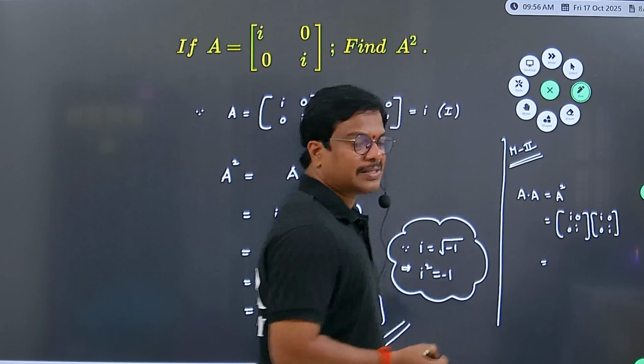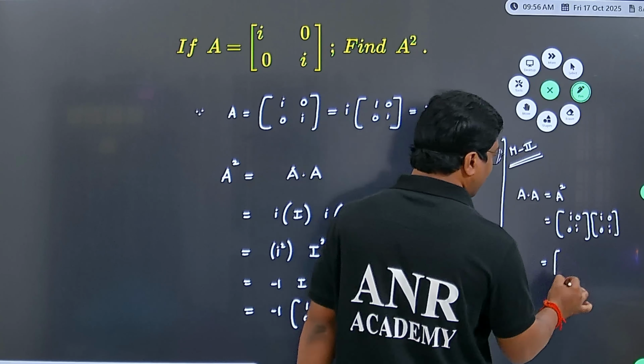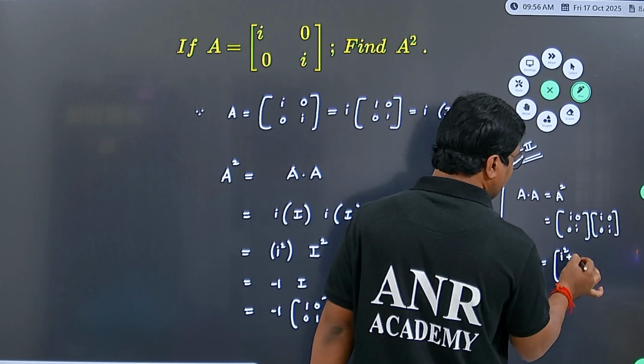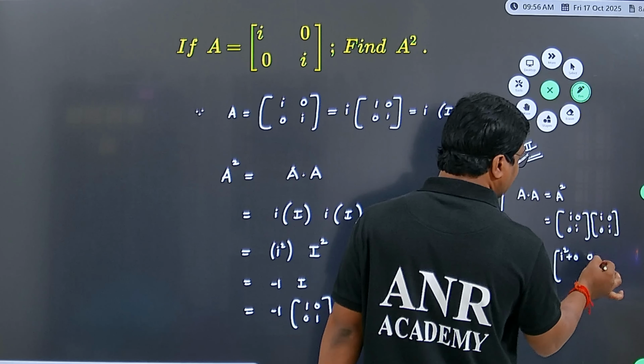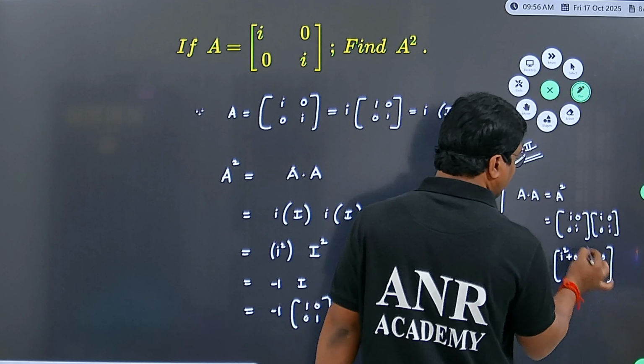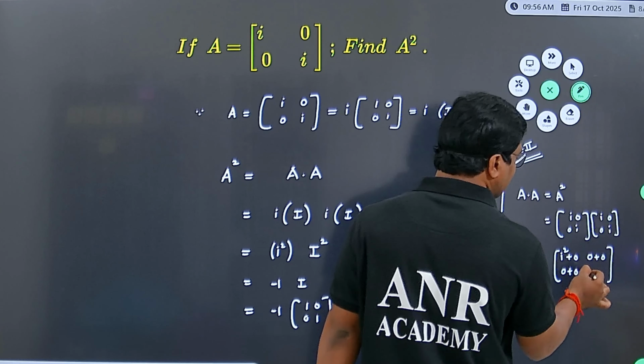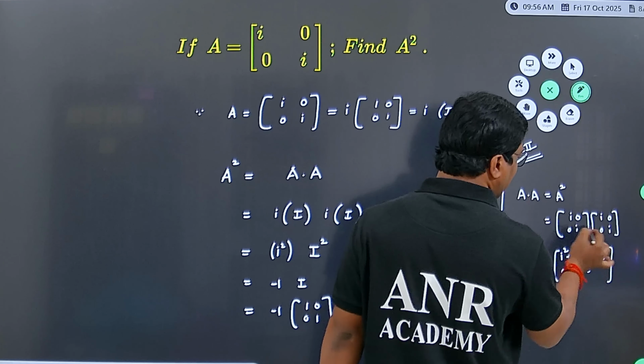Product of two matrices. Here you have to write i into i square, 0 into 0, i into 0, 0, 0 into i, 0 into i, i into 0, 0 into 0, i into i square.